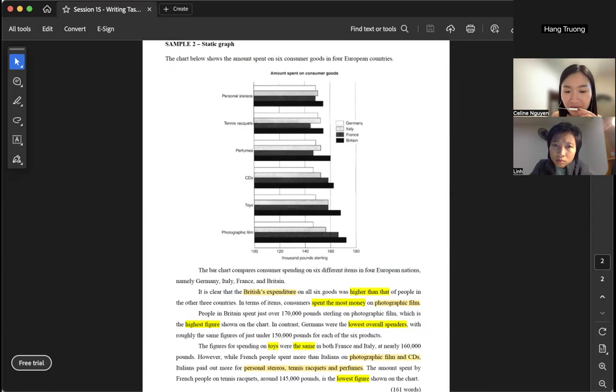And the last body compares French and Italy, and I think because this statistic doesn't have any time period, they divide it differently. Yeah, that's all. Okay.